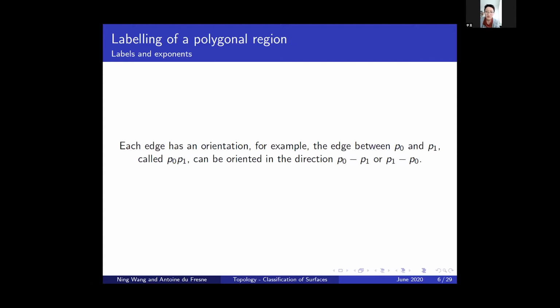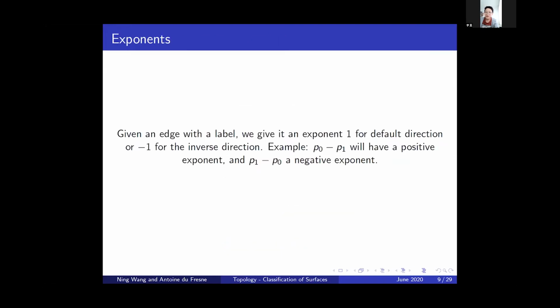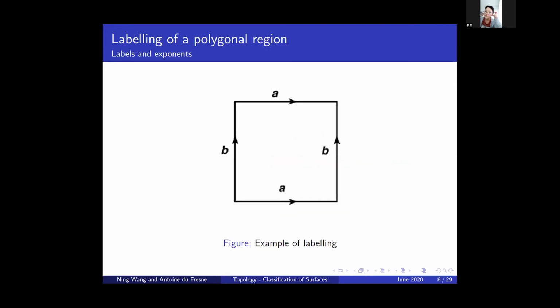So in this figure, this triangle with given labels, we observe that a direction is given for each label. In the next figure, this is a unit square with given labels. And we observe, as for the triangle, that a direction is given for each edge.